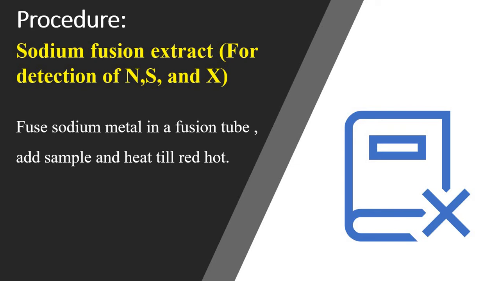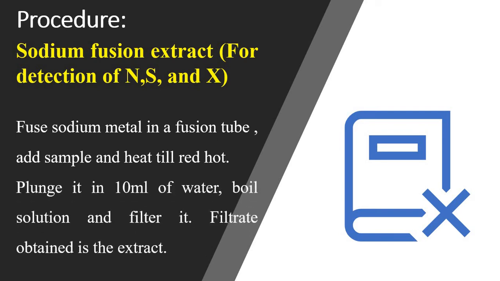Fuse sodium metal in a fusion tube, add the sample and heat till red hot. Then you have to plunge it in 10 ml water, boil the solution and filter it. The filtrate obtained is called sodium fusion extract.